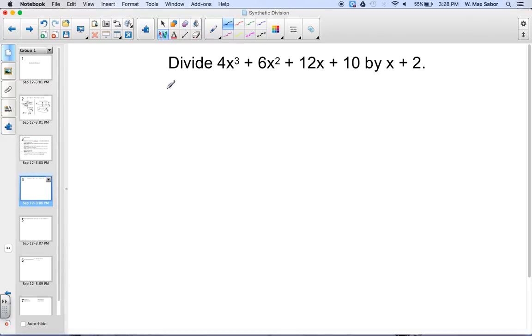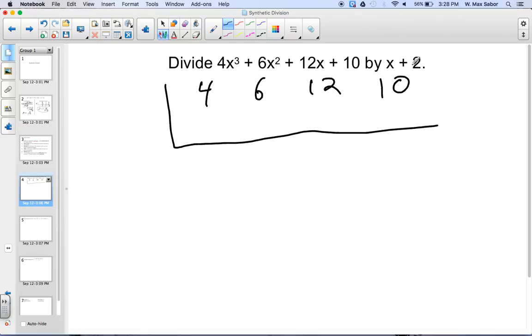So let's write this out. We have 4, 6, 12, 10, and we're dividing by x plus 2, which again means that we have a negative 2 outside. So bring down, then multiply. Negative 2 times 4 is negative 8. Next we add down. Now multiply, negative 2 times negative 2 is positive 4. Add to get 16.